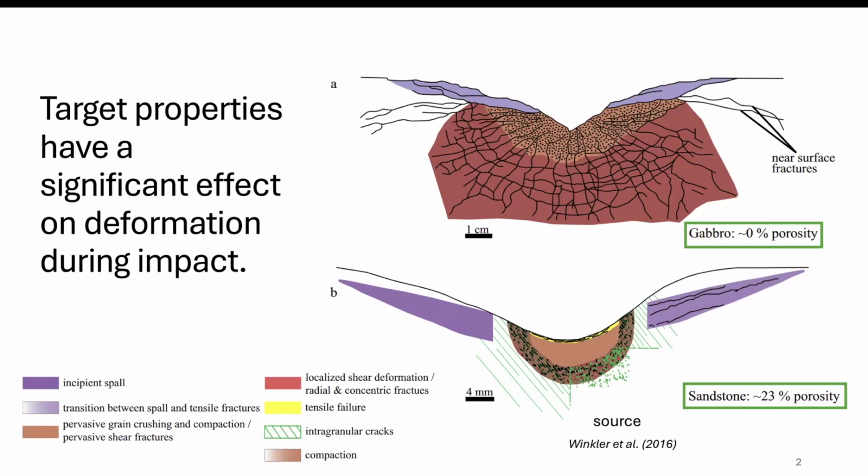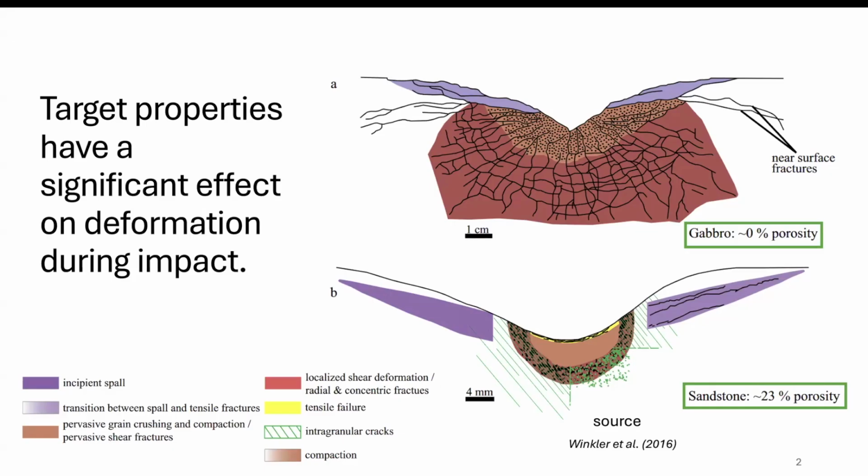Here is a very broad sweeping generalization, and you can see the scale bars, 1 centimeter and 4 millimeter. This is an experiment that shows where shock energy travels in different porosity of media.